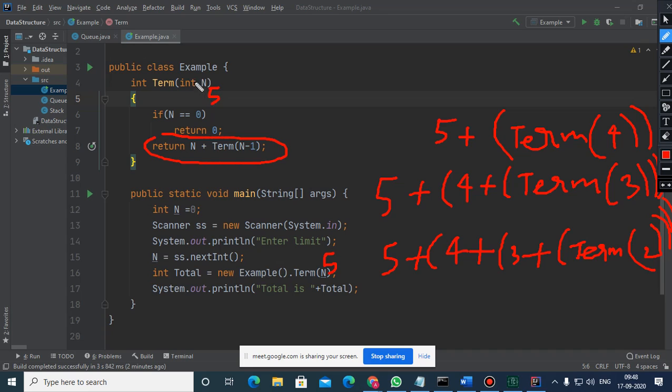So when the value of n becomes 0, the base case condition becomes true, and this 0 also gets added to that result. This is how the sum 15 is being returned.